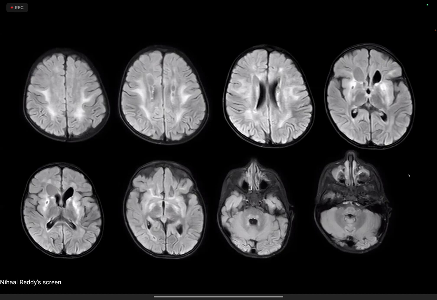So this is the main slide which demonstrates all the findings. So these dark spaces, they are not cavities? No, they are cysts, the ones over here. Yeah, so cystic, that's what we thought, cystic leukoencephalopathy.